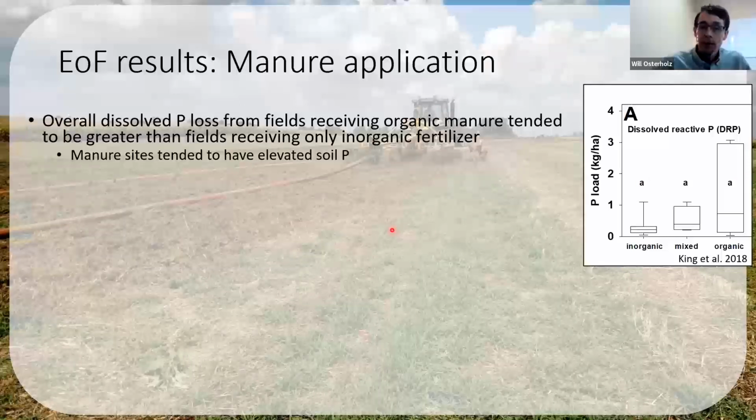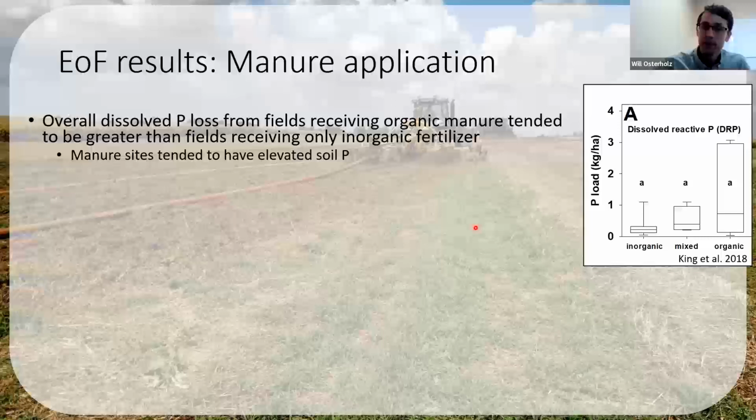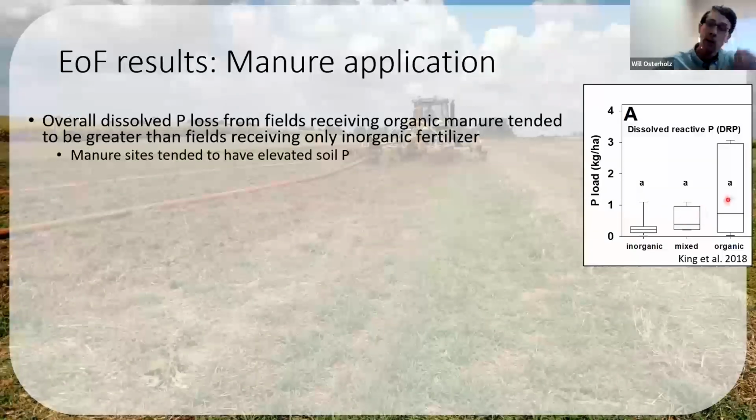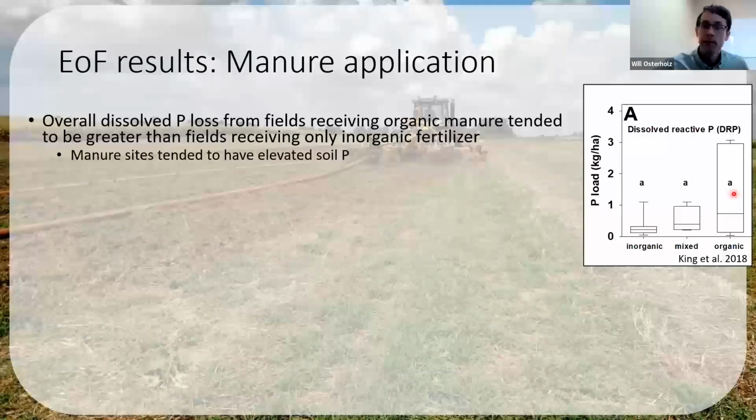Overall, there was not a significant difference between the three groups of fields, but you can see there's a clear trend for greater phosphorus losses, and this is specifically looking at dissolved phosphorus losses, from fields that had received that organic fertilizer.